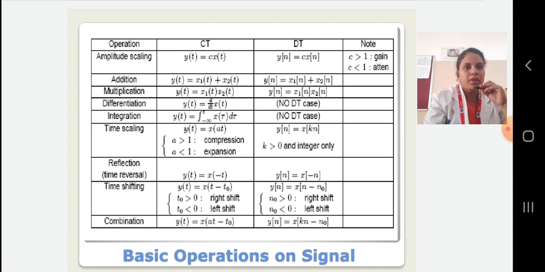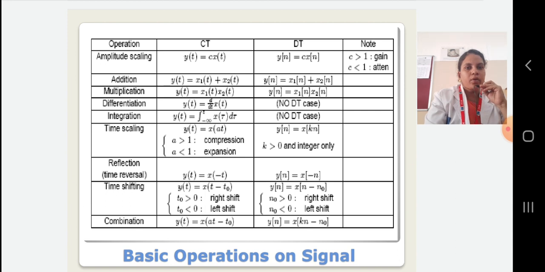This is the main difference between amplitude scaling and time scaling. In time scaling, t is the time, so t is scaled by the factor a. In amplitude scaling, the whole signal x of t is scaled by the factor c. So this is the important difference between amplitude scaling and time scaling.